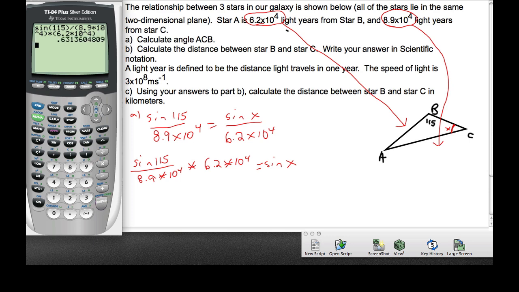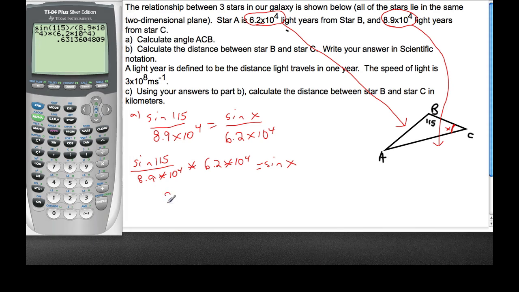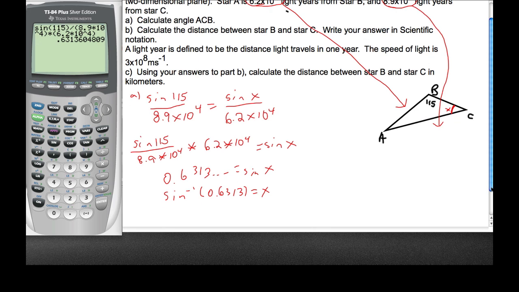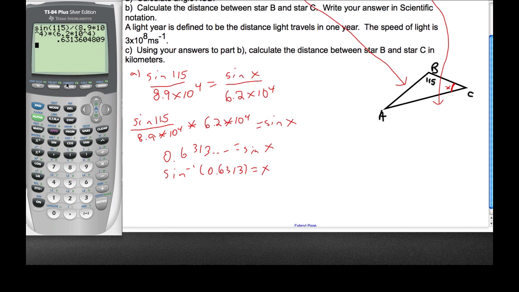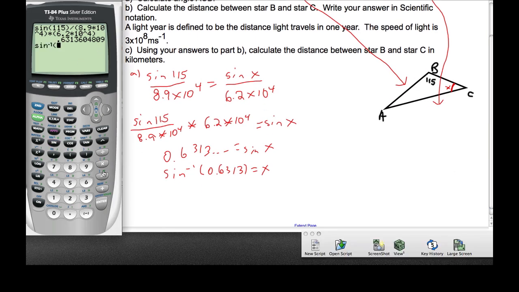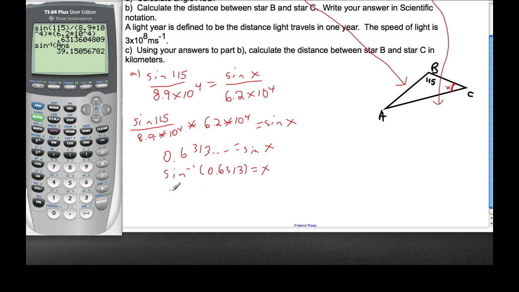So 0.6313 is sine of x. In order to find the angle, we use inverse sine of 0.6313. That will give us x. We can use the answer key, and we won't round until the very end. So 39.2 degrees is angle ACB.